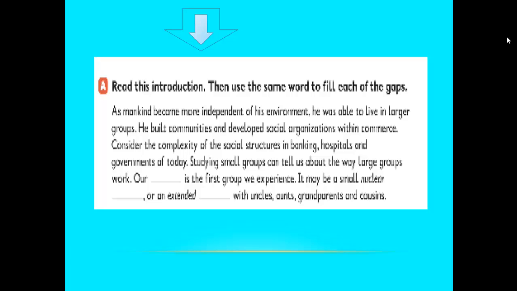And because you are so clever, my students, I think you have guessed what the word is. So the word here is family. Our family is the first group we experience. It may be a small nuclear family or an extended family with uncles, aunts, grandparents, and cousins.